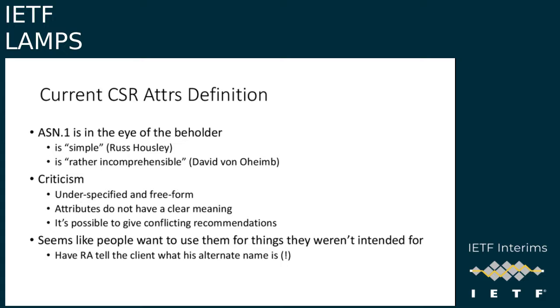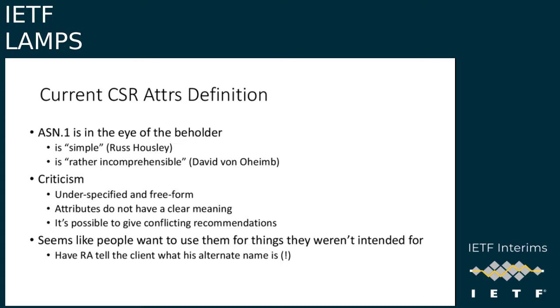It is underspecified and kind of free form, that's admitted, and it is possible to give conflicting recommendations. So you could tell somebody to encrypt with RSA encrypt or sign with RSA encryption and tell them to use a ECC key. So yes, it is possible to speak garbage that is not prevented.